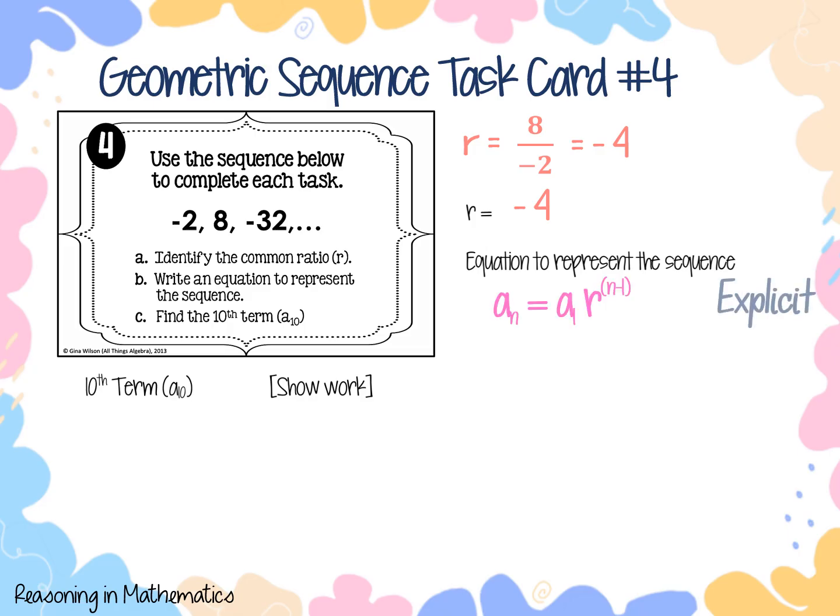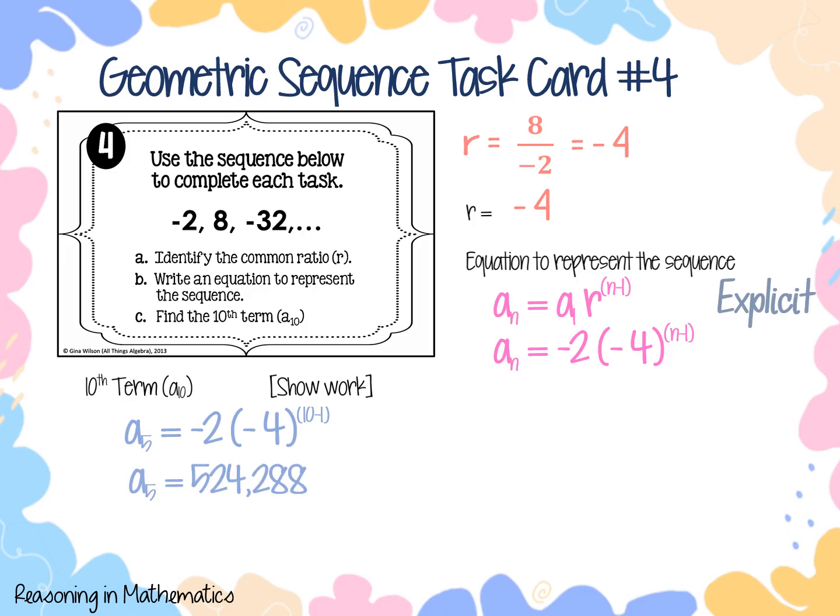We are using our explicit formula, plugging in our a sub 1 and our r, the initial term and our common ratio, and we need the 10th term. So in place of the n's, put in a 10, put it in your calculator, and 524,288 would be the 10th term in that sequence.